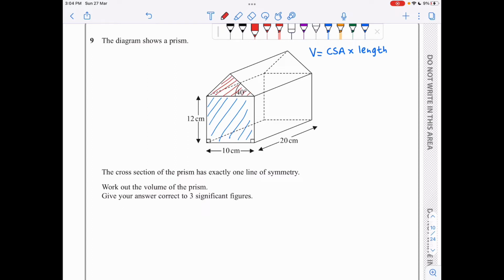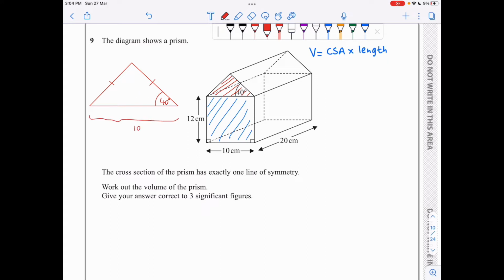Now, if I concentrate on the triangle and extract it here, I know that this is 40 degrees. The fact that the cross-section has one line of symmetry means that this is an isosceles triangle, and I know that all of this is 10.